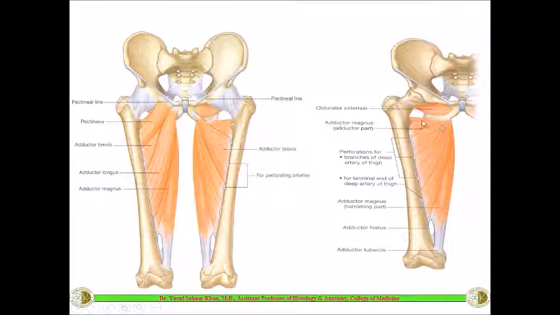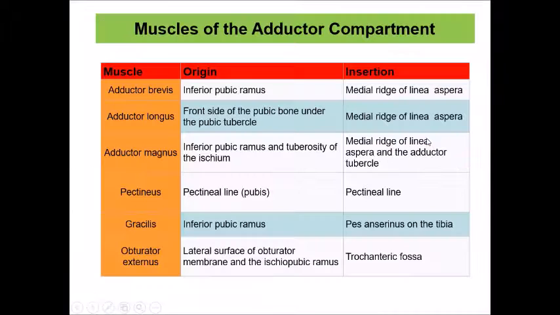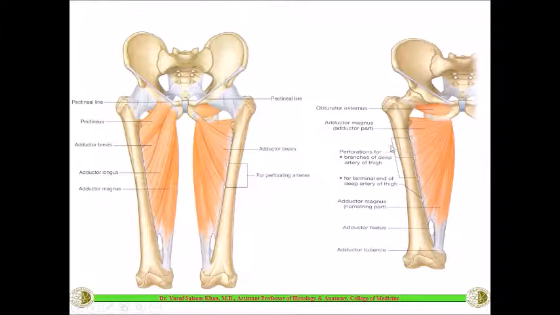So this muscle takes origin from the ischiopubic ramus, and the insertion is again to the medial ridge of the linea aspera and the adductor tubercle. It extends all the way from above downwards on the medial lip of the linea aspera, and goes all the way up to a very prominent tubercle here called the adductor tubercle.